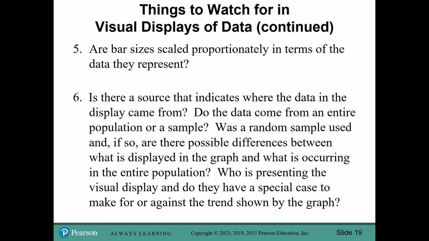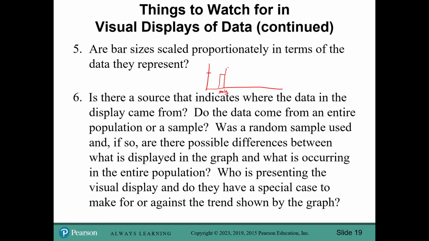Alrighty. And are bar sizes scaled proportionally in terms of the data they represent? You might have, say, some data here that says the average age of a child when they lose their first tooth, right? Might be that. And you might have, say, males here, and then the next bar, I don't know if this is true. Don't take this as true.